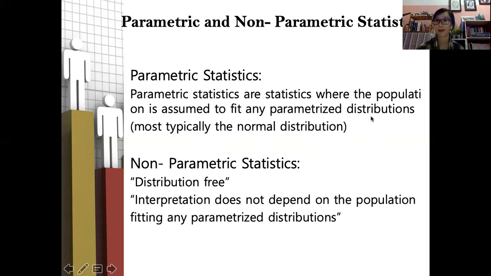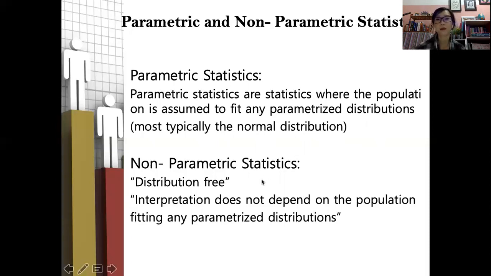Just like I said previously, when your data follow a specific bell-shaped curve, when your mean, median, and mode are in the same spot in the middle, then you have a normal distribution, and you use parametric statistics.